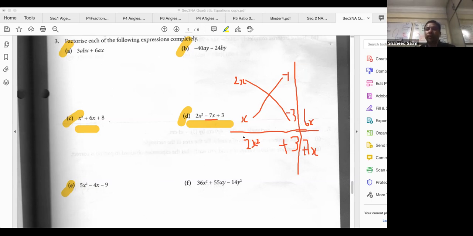I know you all are tired, but we try. x times minus 1 is minus x. 2x times minus 3 is minus 6x. So this one becomes minus 7x. This is correct. So now you write 2x plus minus 1, and then x minus 3.